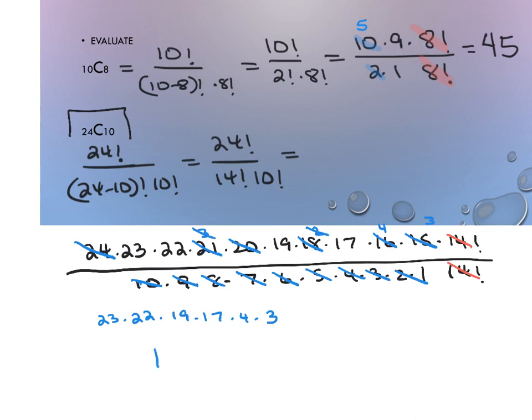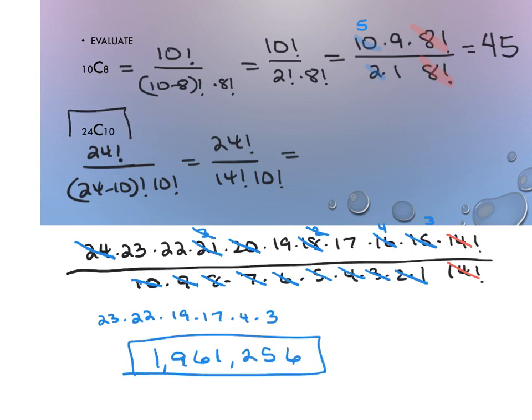And this is going to give me 1,961,256. So again, it makes it a lot easier if you can find the button and figure out how to do this probability on your calculator without having to do things like this, or even just multiply and not simplify.